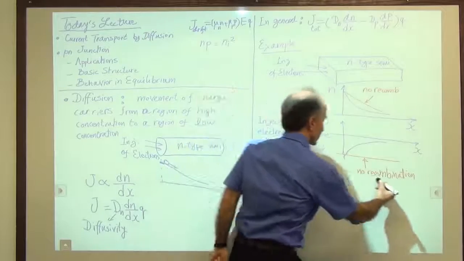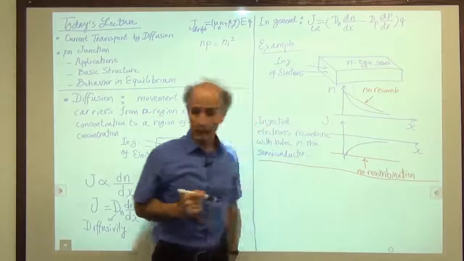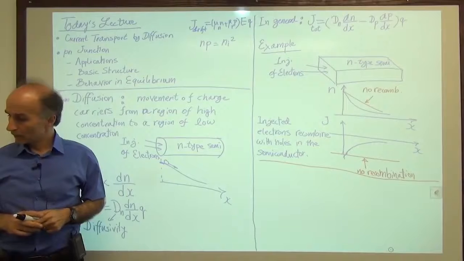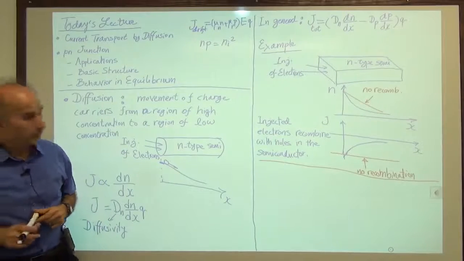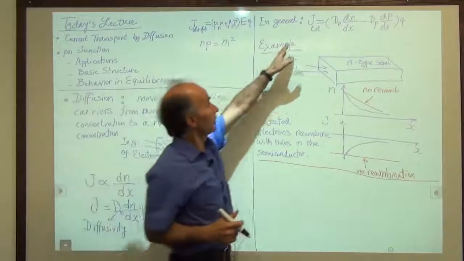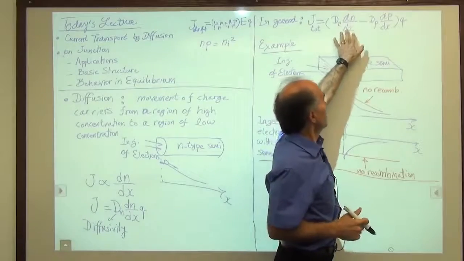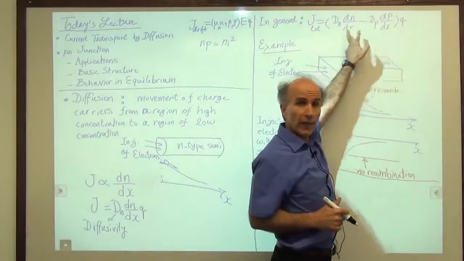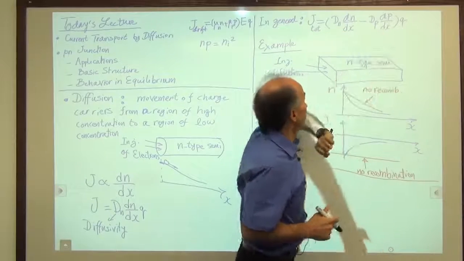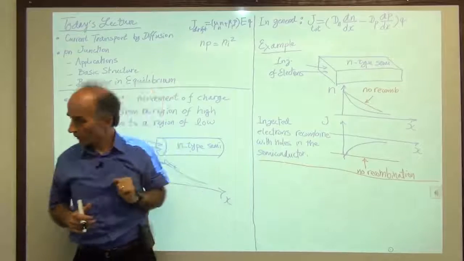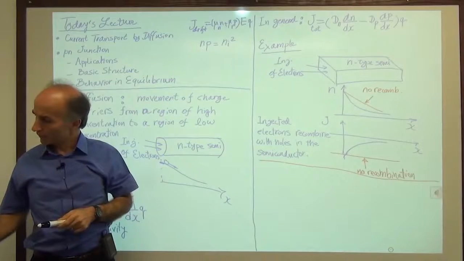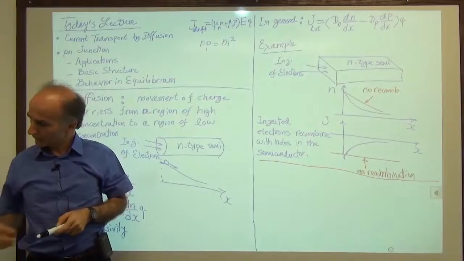All right, very good. Let's move on, and let me just mention a few more concepts here. We saw that the diffusion of carriers is characterized by this equation, and we have electron diffusivity and hole diffusivity in there. If you're curious about the values, let's see if I have those values somewhere here.